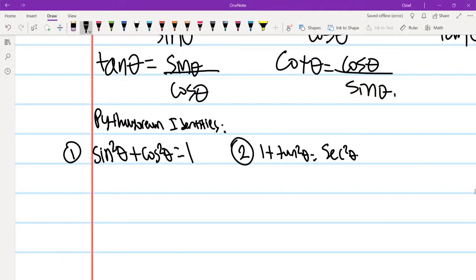And then we have 1 plus cotangent squared of theta equals cosecant squared of theta.